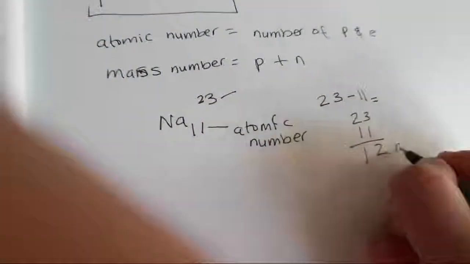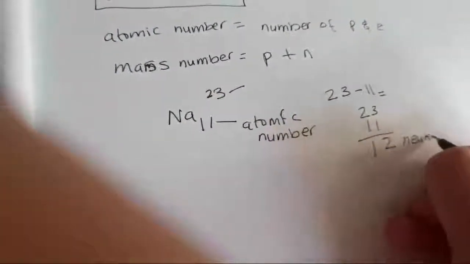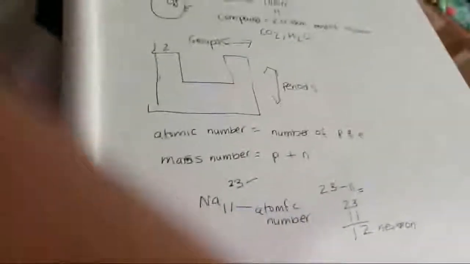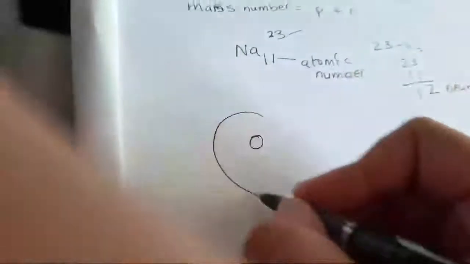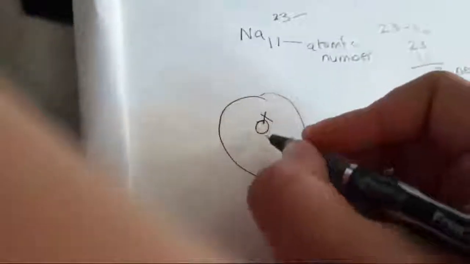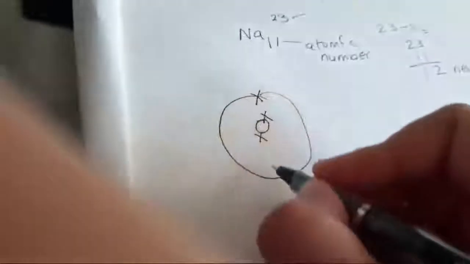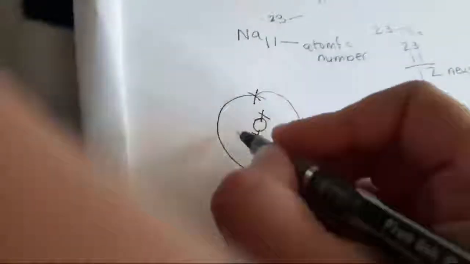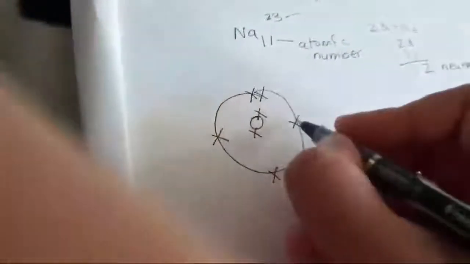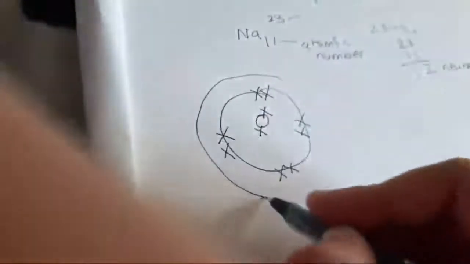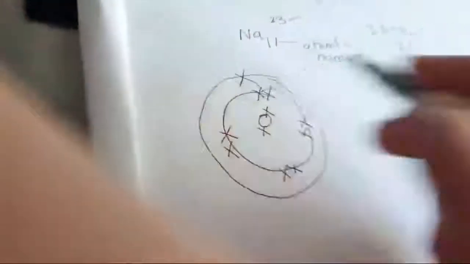So 12 is your neutrons. Okay, so this is how you would work this out. Now, to draw your sodium electron shells, it would be 2 on the first shell, then 8 on the other one, then 1, which makes 11. Okay, so this is how you would draw your electron shells.